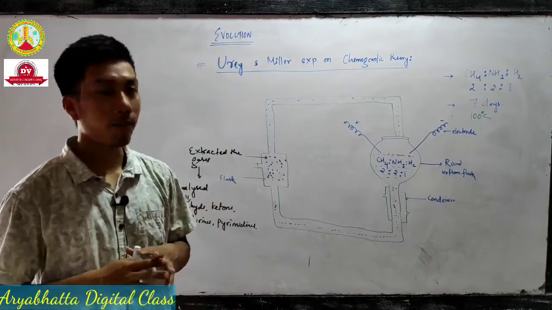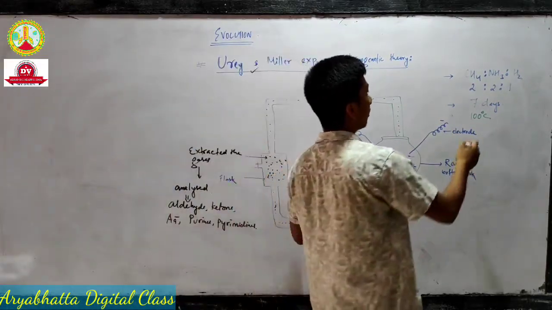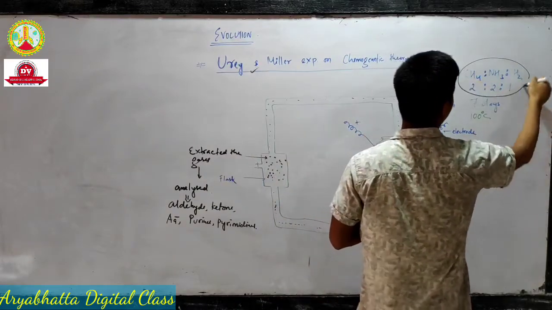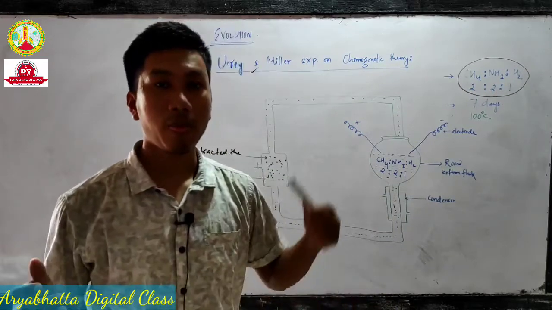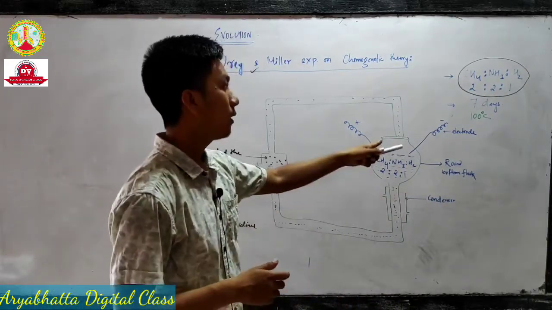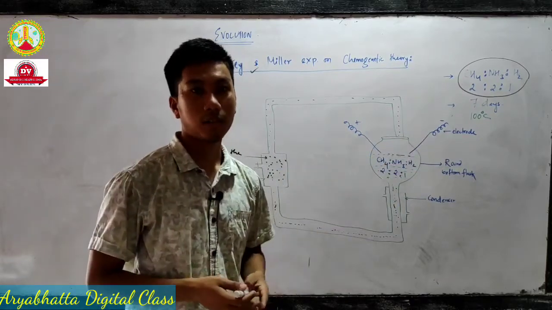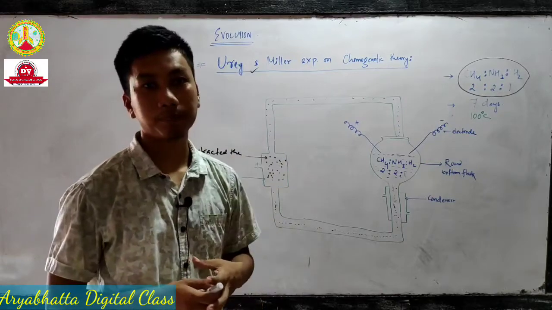So that was the experiment performed by Urey and Miller. Very important, you need to remember the chemicals. What chemicals they used, in what ratio, how many days they performed the experiment, and the temperature. That's it. You can write your own answer, okay? But you have to show the experimental setup.